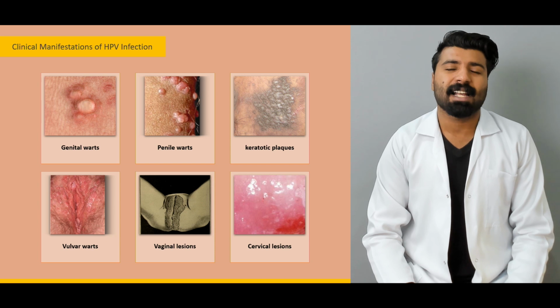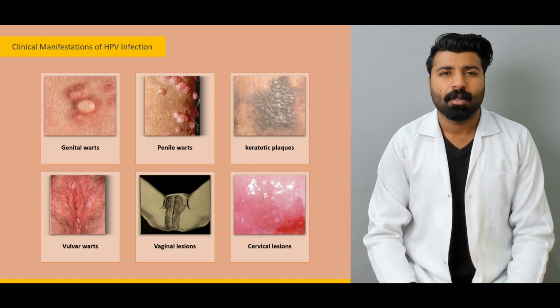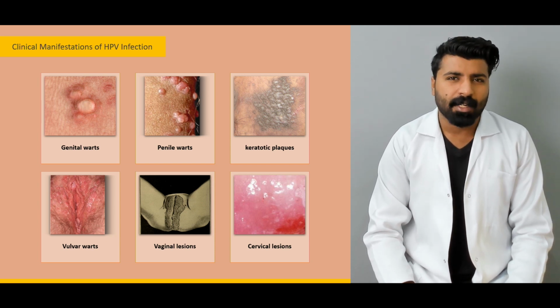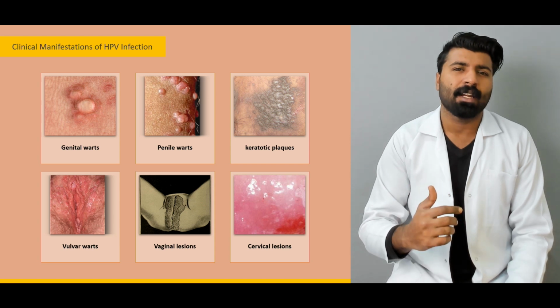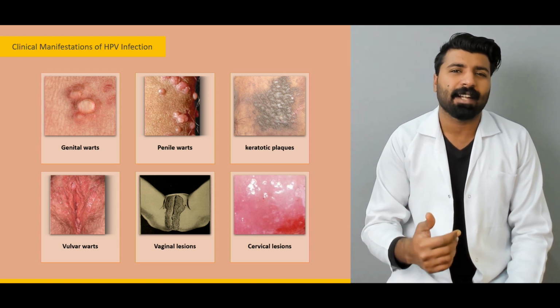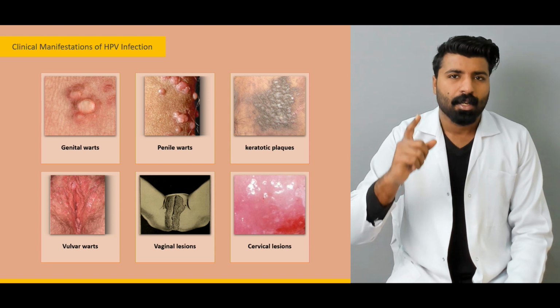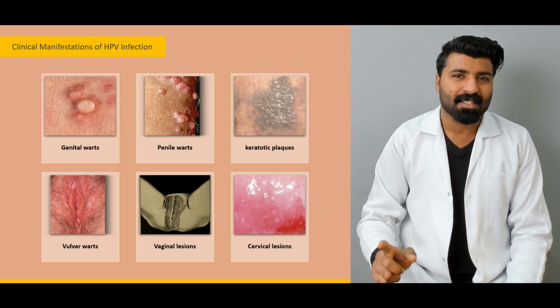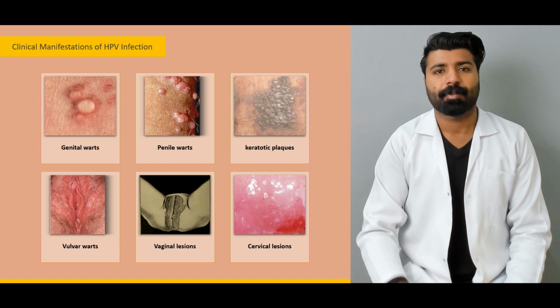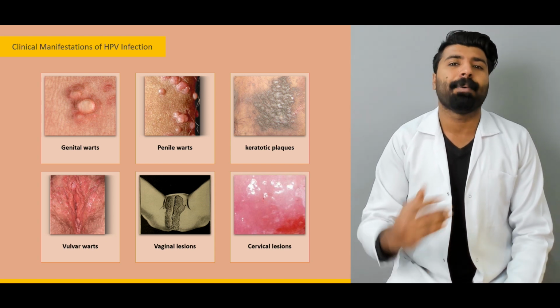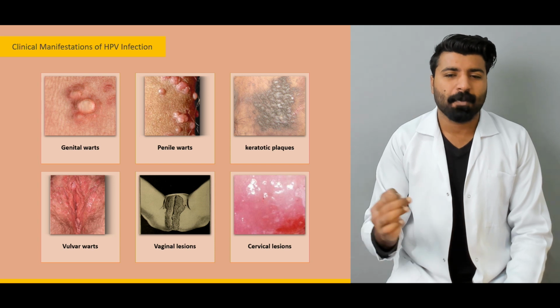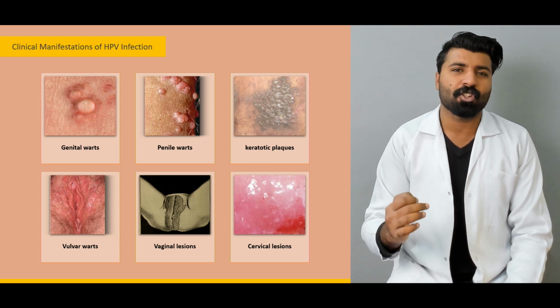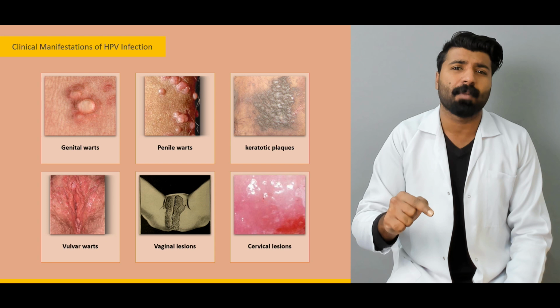Wart is actually the very early diagnostic modality for getting to know that, okay, there's HPV-2 or HPV-6 present in our body. Whenever there's a break in the skin, these HPV-2 or HPV-6 will come into play.